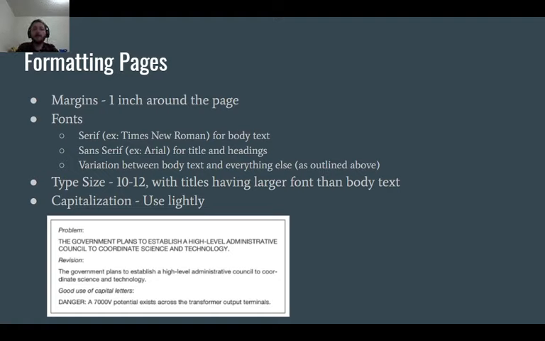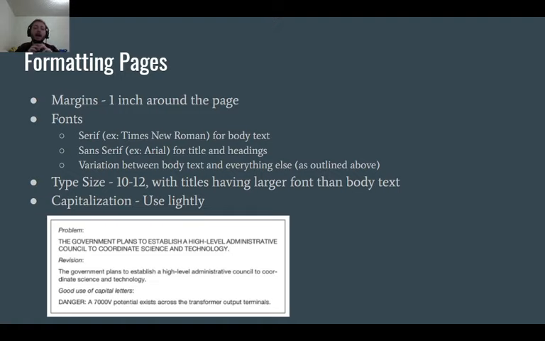Sans serif type fonts like the Arial font, which I think is Google Docs' standard one right now, is really good for titles and headings. So it's perfectly fine to have different fonts for titles, headings, and for bodies. That method is good, just so people are more inclined to have a comfortable time reading the documents.